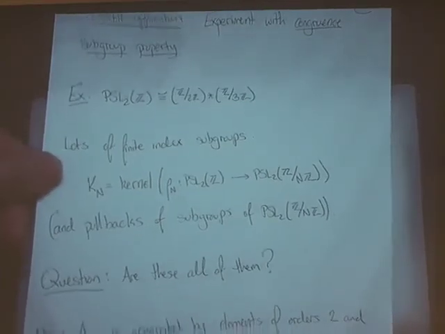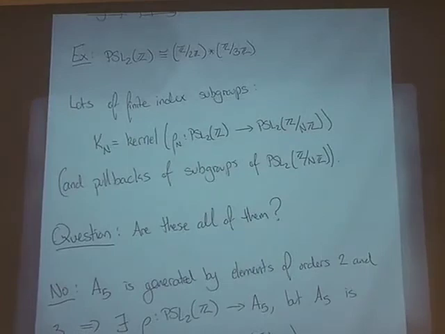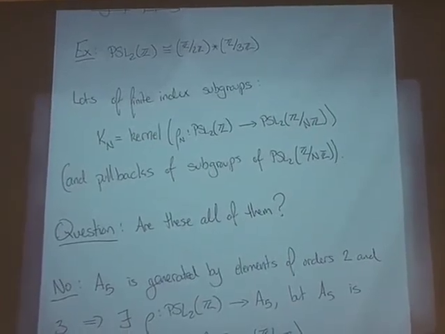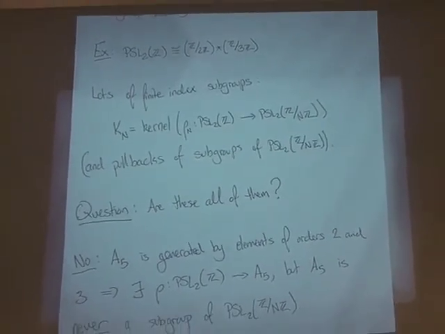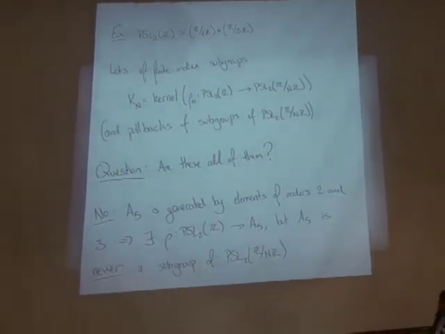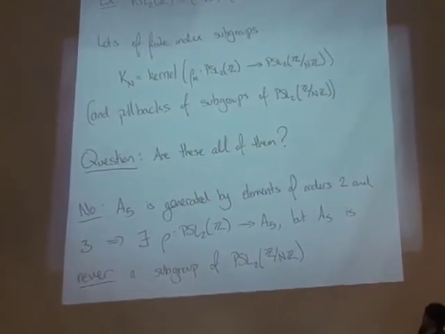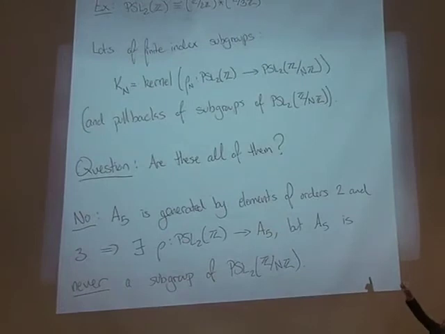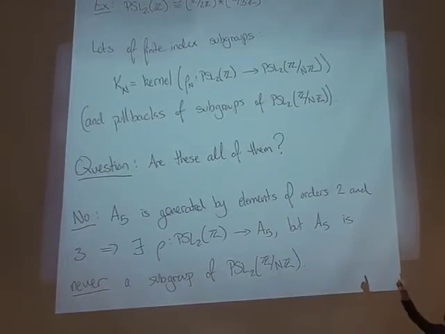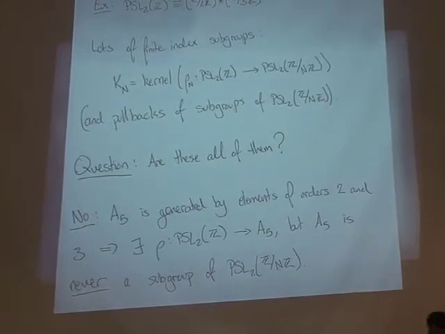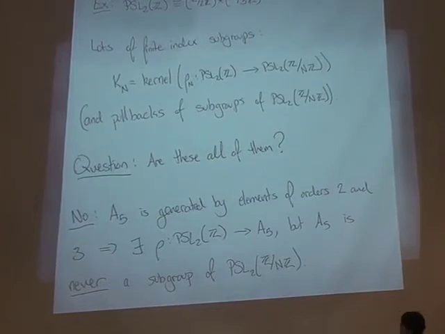And this was noticed by various people, I think Poincaré, for instance, in the late 1800s. A5 is generated by elements of order 2 and order 3, and the modular group is freely generated by elements of order 2 and 3, so we just build a homomorphism by hand, by first-year graduate algebra.